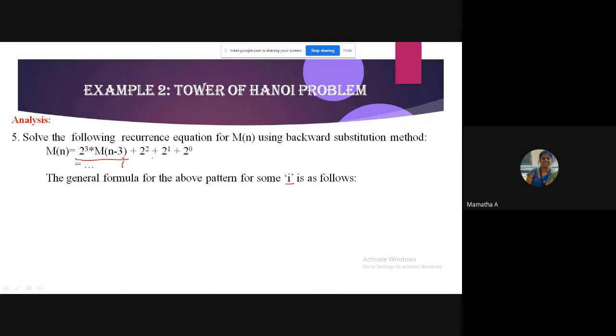Yes, very good. So you can see now 2 power i into m of n minus i plus, in between I will have many terms. It starts with 2 power 0, and keeps on adding till 2 power i minus 1.